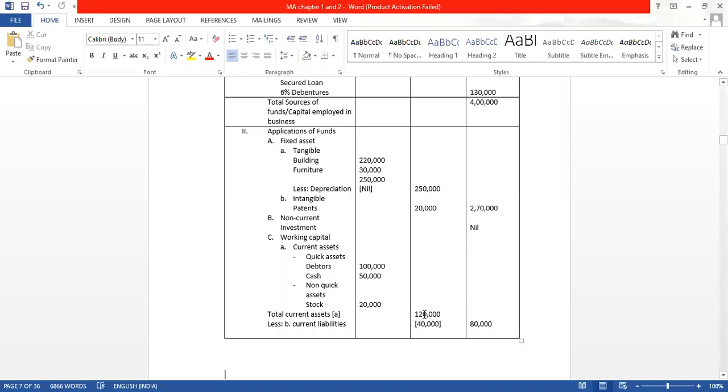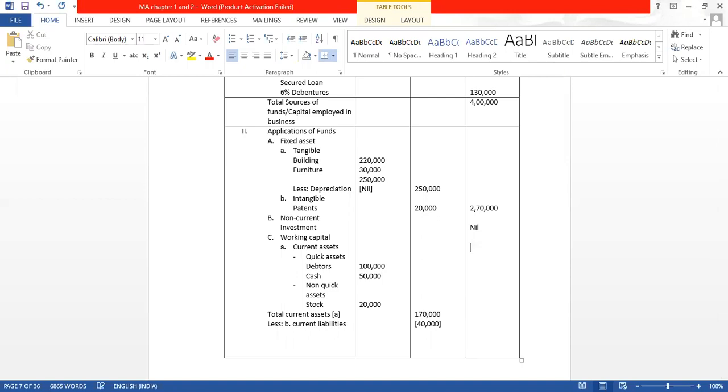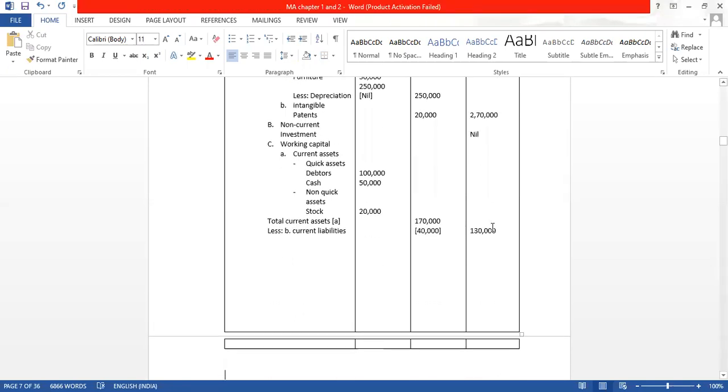See, one minute. Pay attention here. It is 1,70,000. The totaling was wrong. 1 lakh plus 50 is 1,50,000 plus 20 is 1,70,000. So 1,70,000 minus 40 is how much? 1,30,000. One minute.